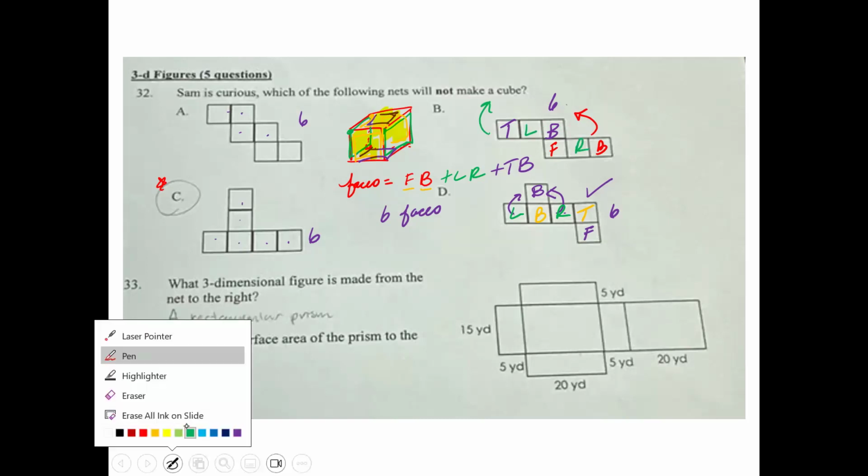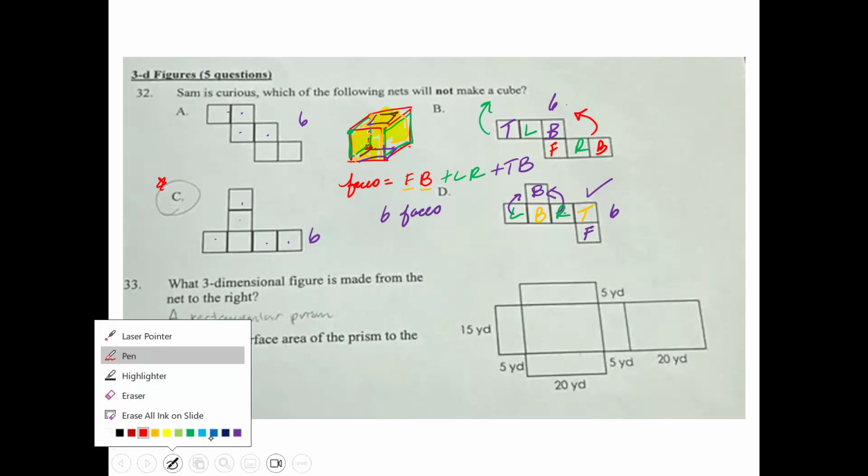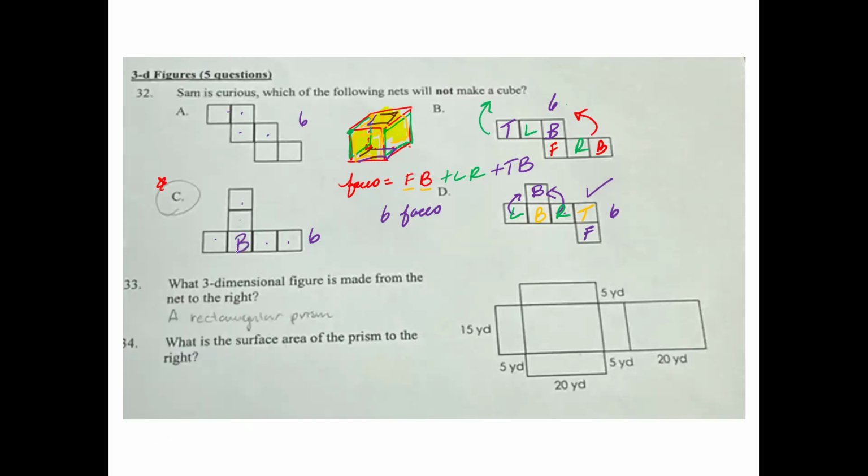So let's see if we can do the same thing with the other ones. So front and back. Actually, let's try top and bottom first. That's easier. This will be the bottom. I'll do the back. So top and bottom. This will go upward.